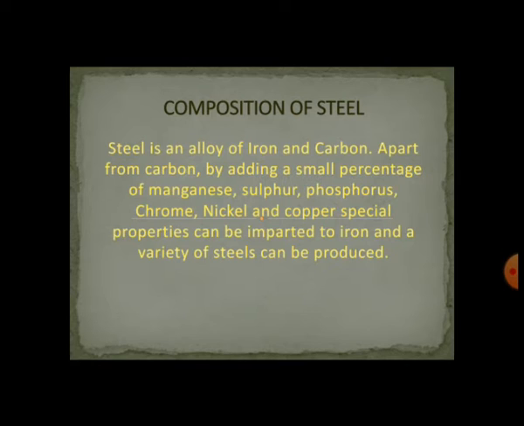So it is our choice in selecting the steel depending upon the use. We can modify the steel by adding these elements or by combining two or more elements to form a newer steel which has improved properties.